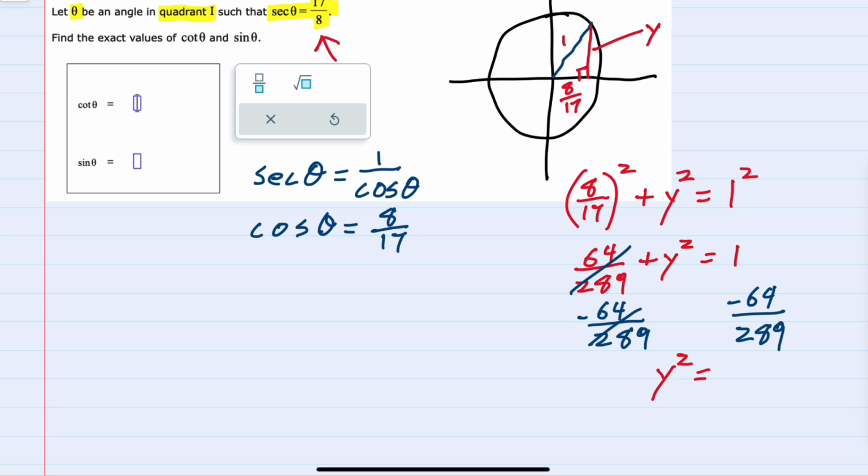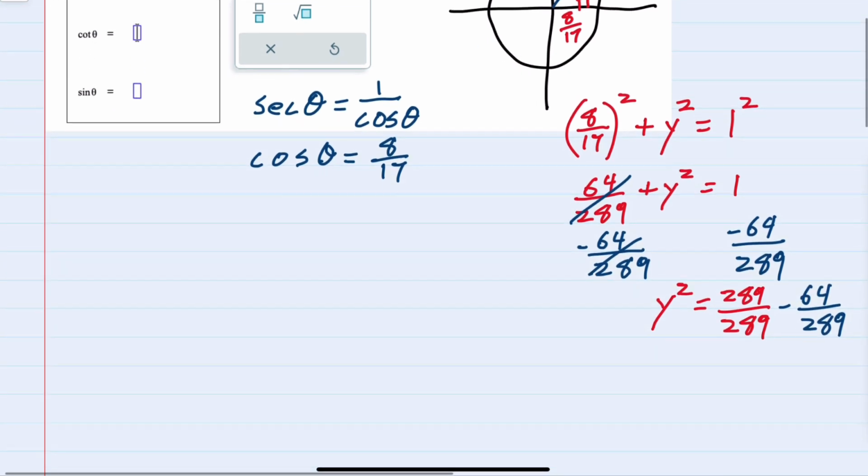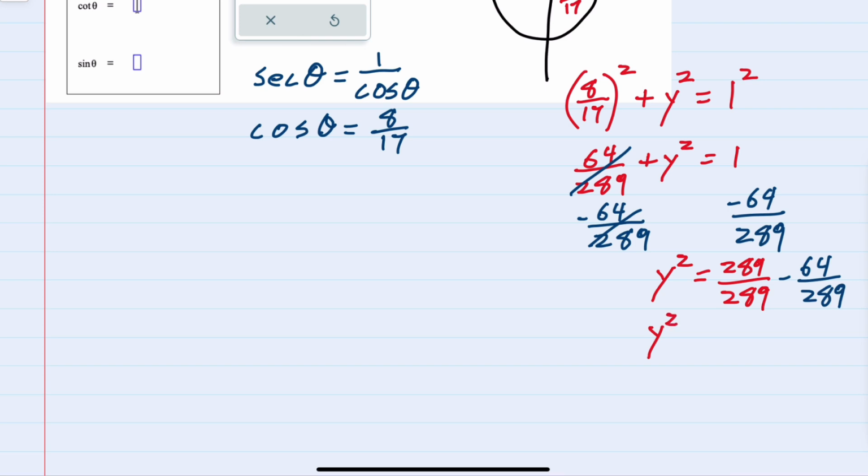Getting a common denominator, this would be 289 over 289 minus 64 over 289, which gives me y squared equals, doing the subtraction in the numerator, 225 over 289.